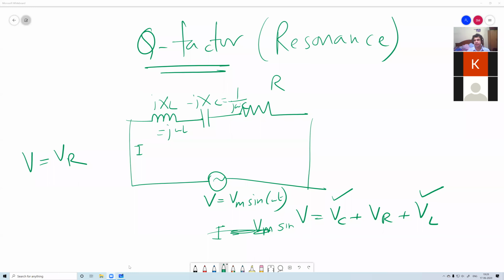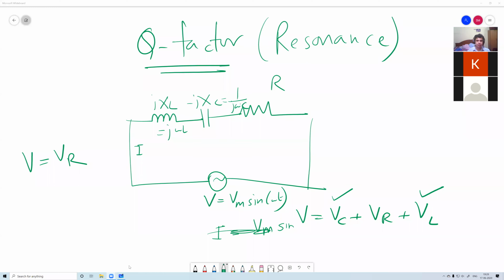So although inductance and capacitance are present in the circuit, it behaves as a perfect resistor. This much we remember. I think this was one of the very first online classes where we discussed these things. Correct?